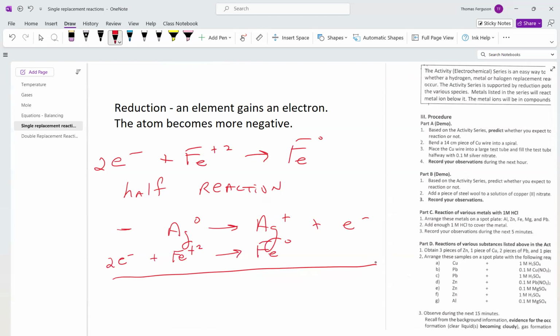What's going on here? The iron needs to receive 2, right? So how can we fix this?